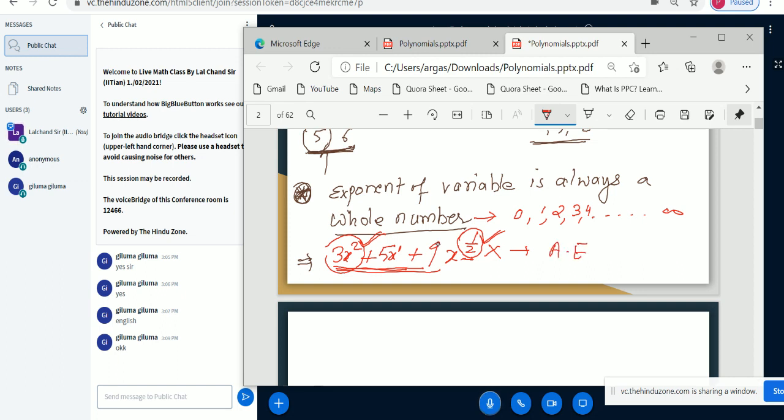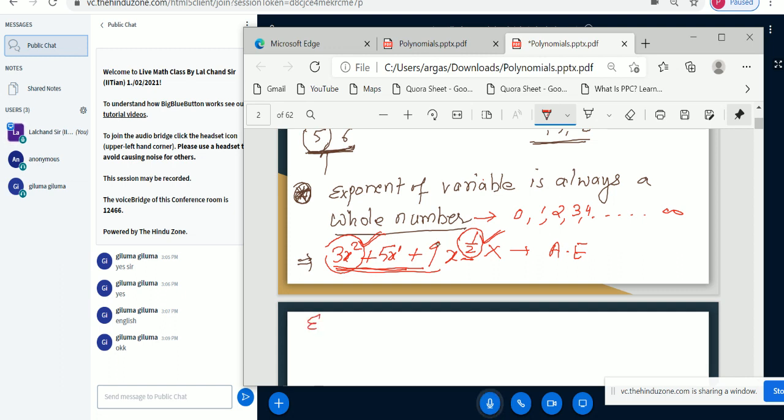But an algebraic expression, whatever terms are present inside it, should have an exponent that is always a whole number. If all the terms involved in that algebraic expression have exponents as whole numbers, we can say that the algebraic expression is a polynomial.